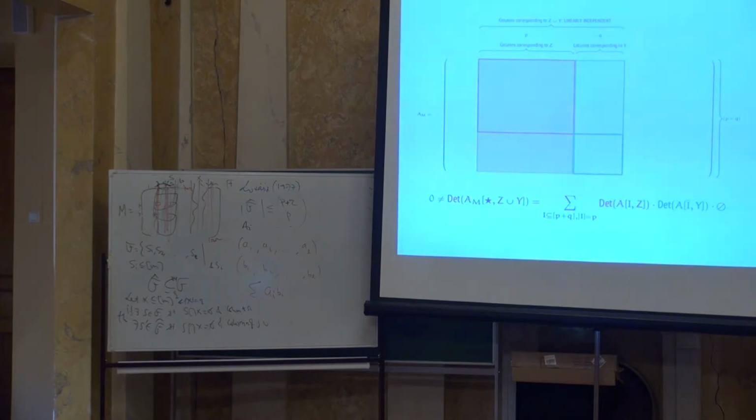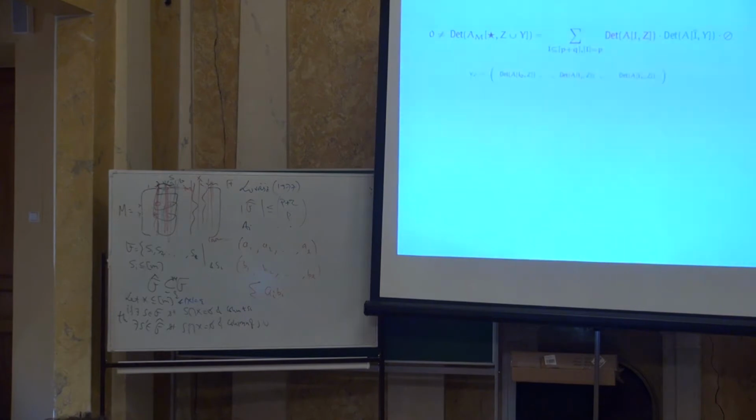Now, columns are fixed. Each p rows gives you a p cross p matrix, right? It has a determinant, because otherwise it is not defined. So I keep a big vector where for each p rows, I compute its determinant and keep it here.